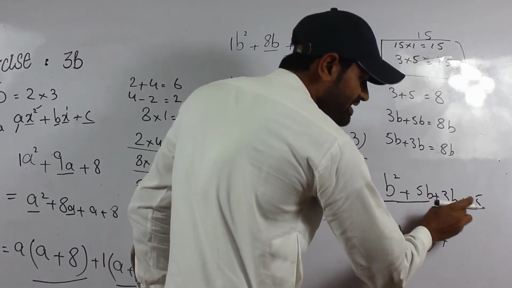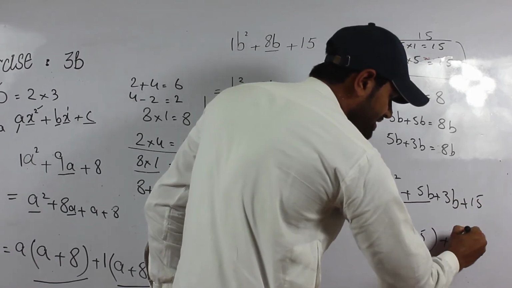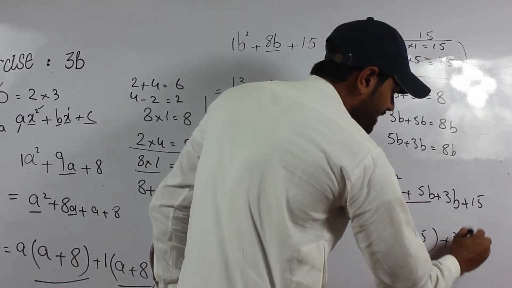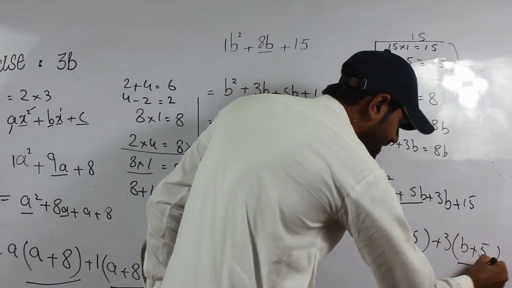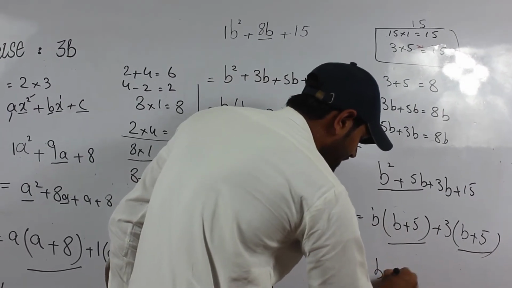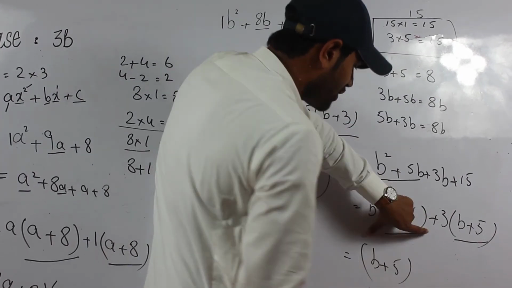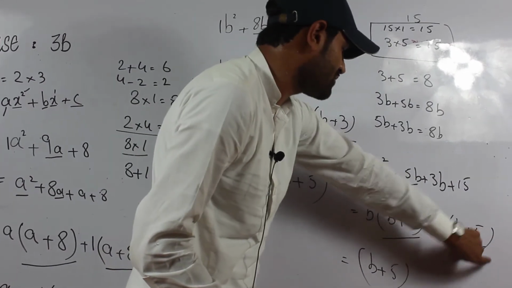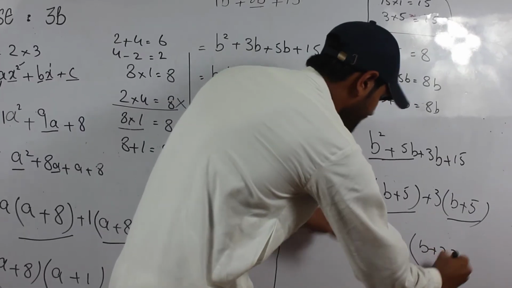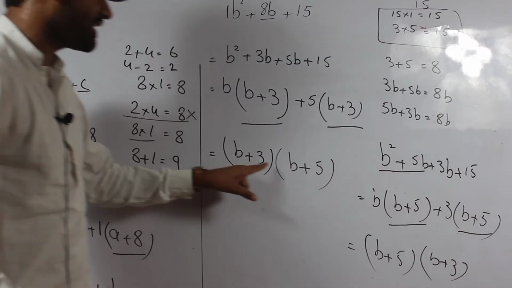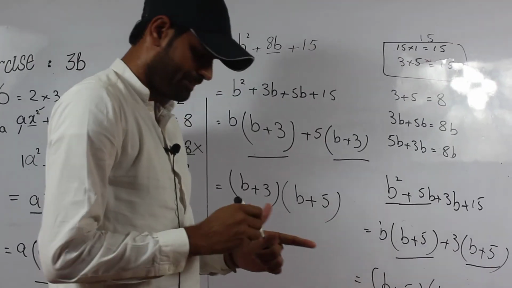Then in 3b plus 15, 3 is common. 3 divided by 3 leaves b, and 15 divided by 3 leaves 5. So again b plus 5 is common in both. Now this is one term and this is the second. b plus 5 is common, so here b plus 3 is left. The factors are the same, b plus 3 and b plus 5.